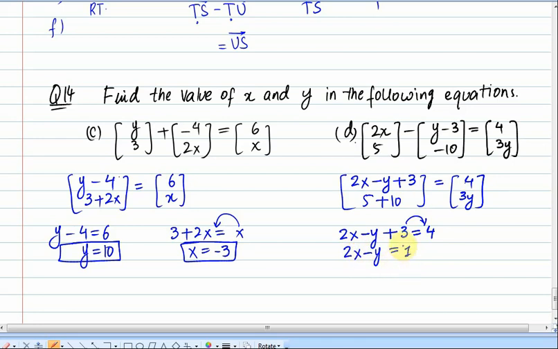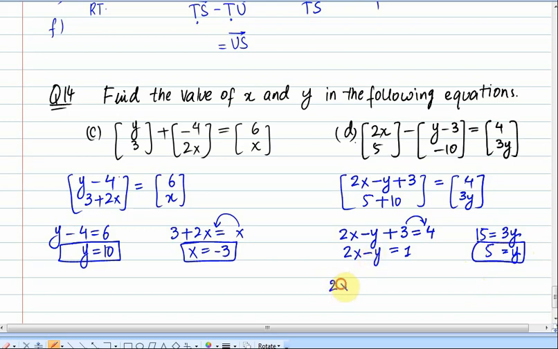For that purpose we will start with the second row. If you observe the second row, it says 5 plus 10, it's 15, is equal to 3y. Which means you can find the value of y from here. So y is equal to 15 divided by 3, it's 5. Right? You have the value of y, now you can use it to find the value of x.